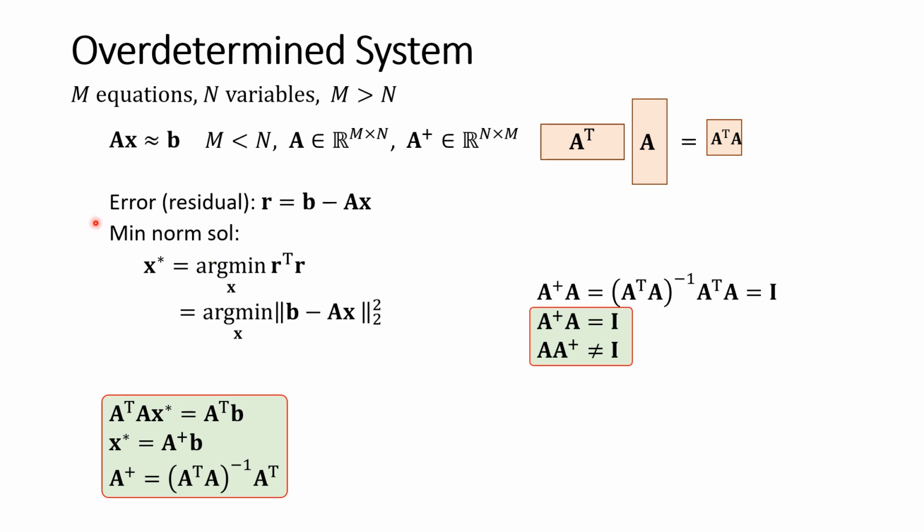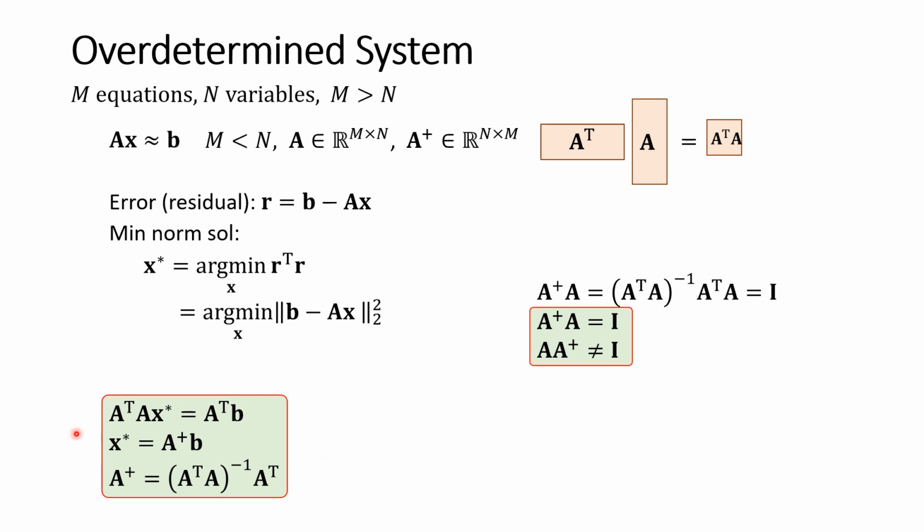The min norm solution is the one that minimizes the L2 norm squared of r, that is r transpose r. So x star equals argmin r transpose r, which is argmin of the L2 norm squared of b minus Ax.